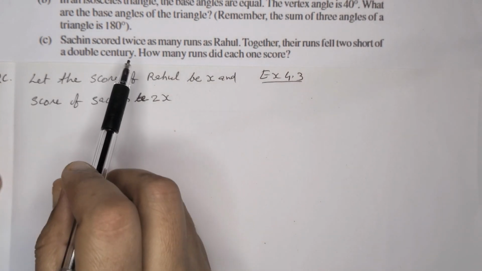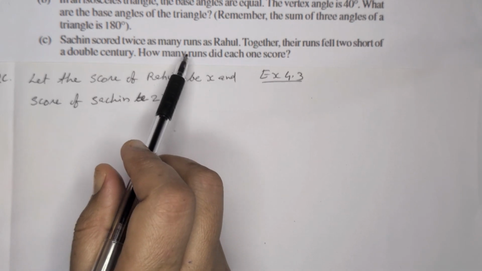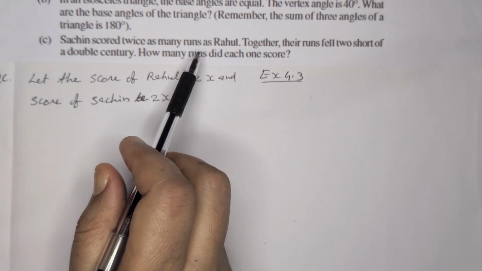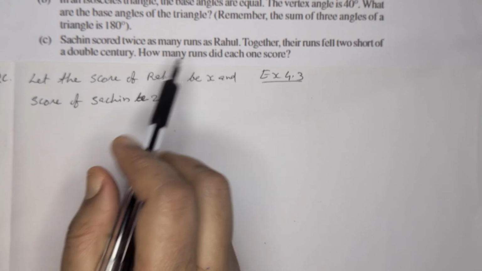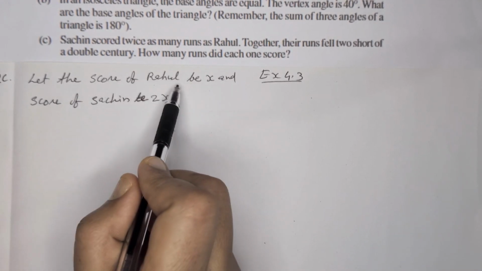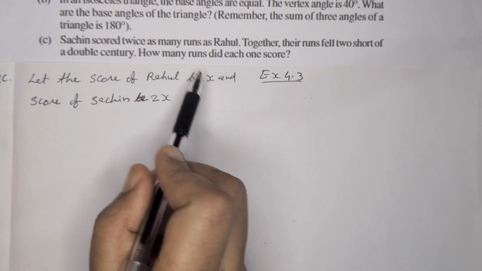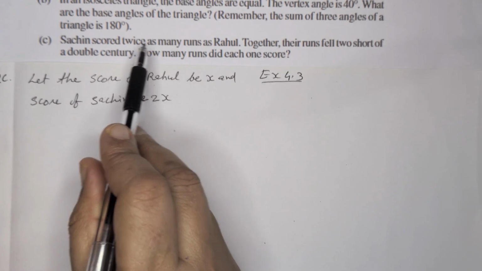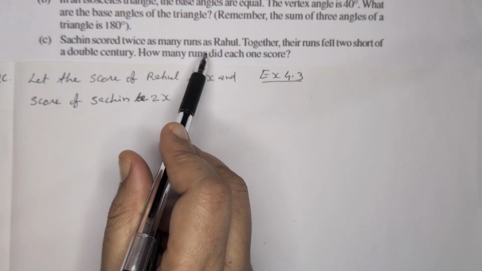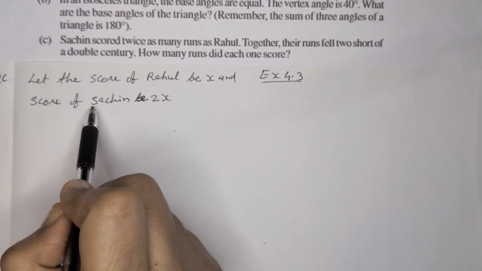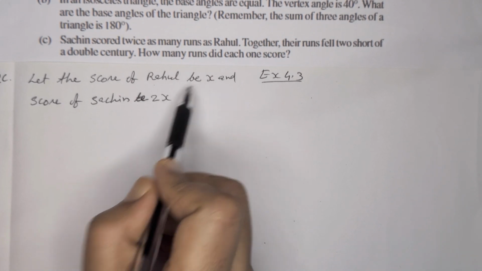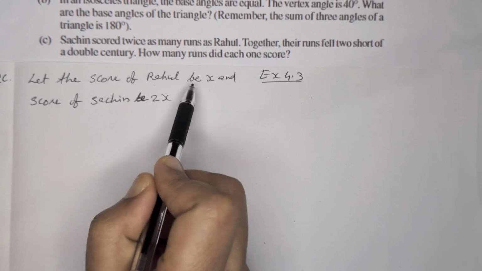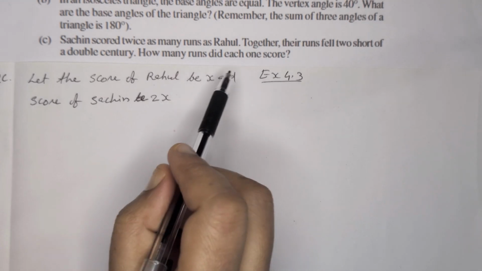Next, Sachin scored twice as many runs as Rahul. So Rahul's runs we can assume as x. Let the score of Rahul be x, and Sachin scored twice as many runs as Rahul, so the score of Sachin is 2x.